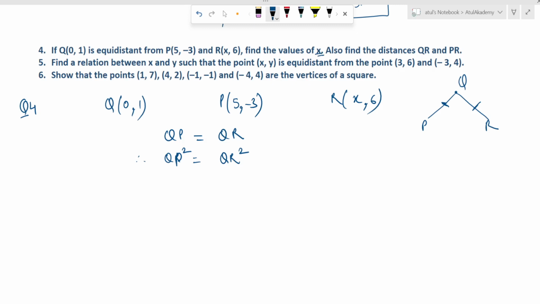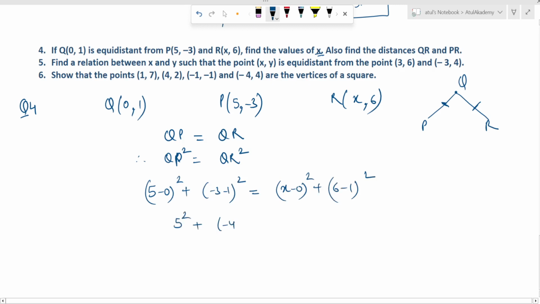So what is QP? That's (5 minus 0) whole square plus (minus 3 minus 1) whole square. And QR will be (x minus 0) whole square plus (6 minus 1) whole square. That's 5 square plus minus 4 square equals x square plus 5 square. 5 square goes away. It's 16 is x square.